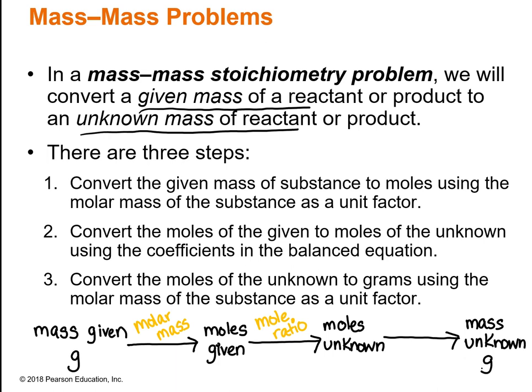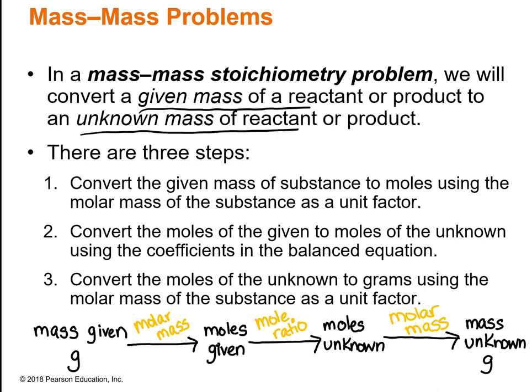And that's going to get us back to grams. We're going to use another molar mass. This time, it's the molar mass of the unknown substance. So you'll be using two molar masses, and you'll need to keep that straight. But this is the plan for every single mass-to-mass problem.